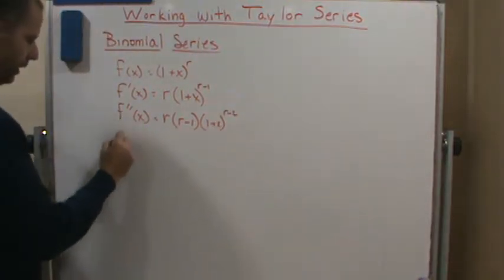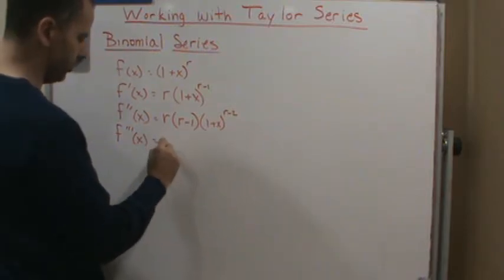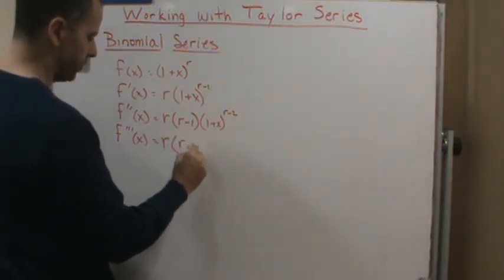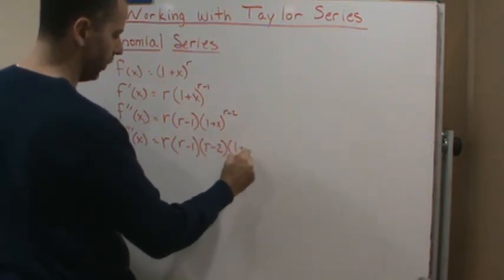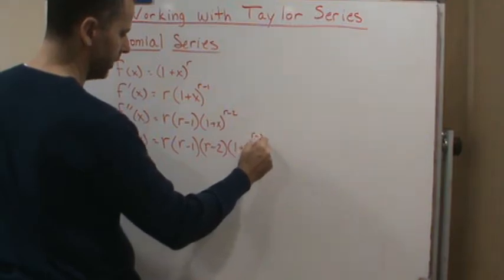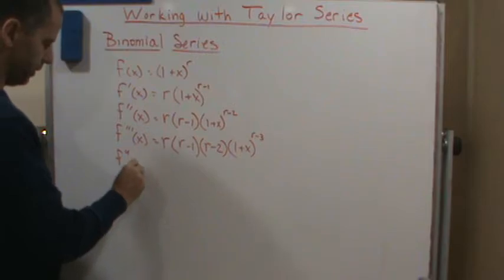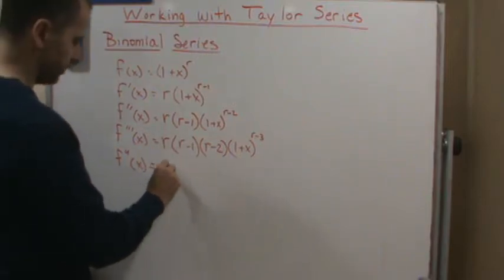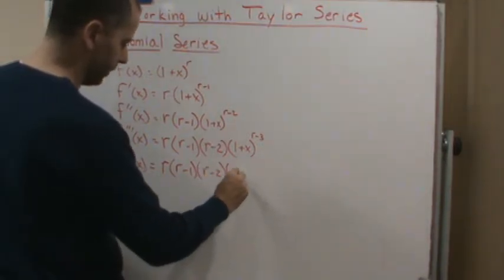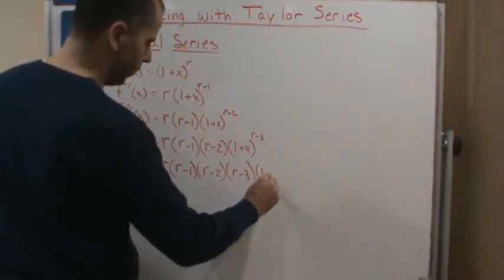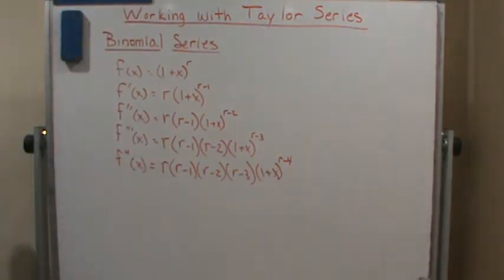For the third derivative, similarly, we get r times r minus 1 times r minus 2 times 1 plus x to the r minus 3 power. The fourth derivative gives us r times r minus 1 times r minus 2 times r minus 3 times 1 plus x to the r minus 4 power.